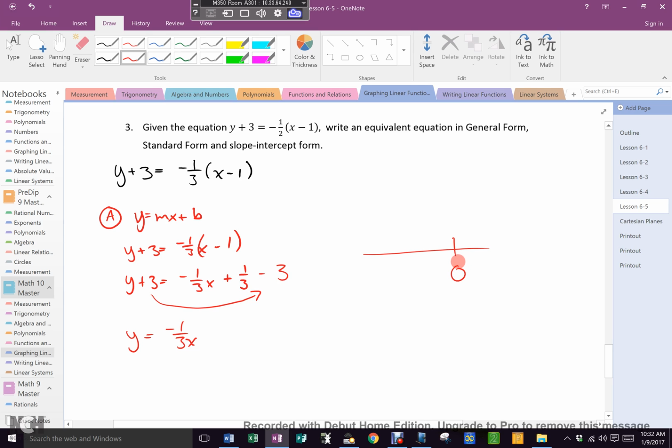What would be 0 minus 3? Negative 3, right? But we're not starting at 0. We're starting at 1/3 away from 0. So my answer must be 1/3 this way, yes? Which is 2 2/3, correct? Minus 2 2/3. Is that allowed in slope-intercept form? Yes or no?